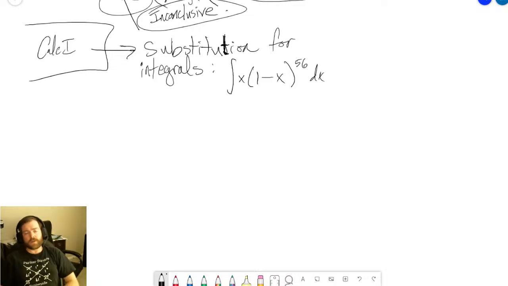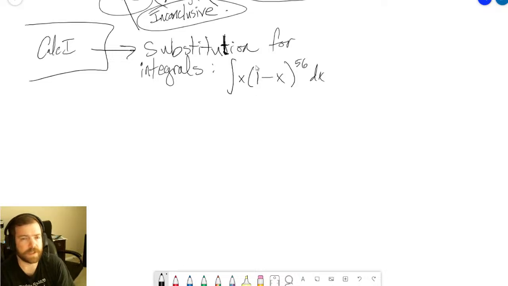So take the integral of x times the quantity 1 minus x raised to the 56th power dx. Just looking at it, you'd be like, well, I can't do that because we've got multiple pieces that are not really communicating terribly well.